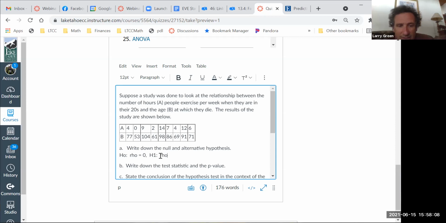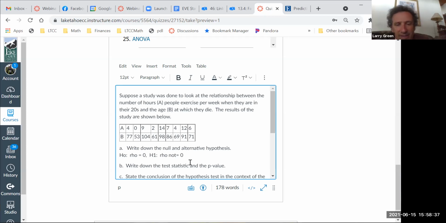Rho is not equal to 0. Any questions on part A? For part A, whenever you're doing a regression analysis for a quiz or exam, it's always going to be rho equals 0 and rho not equal to 0 for the null and alternative hypotheses.